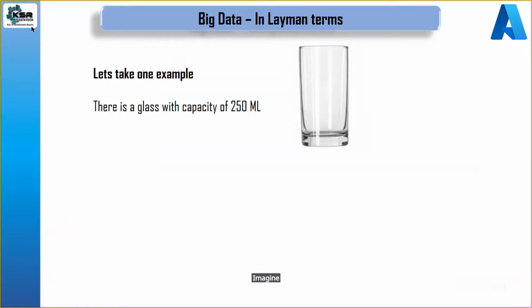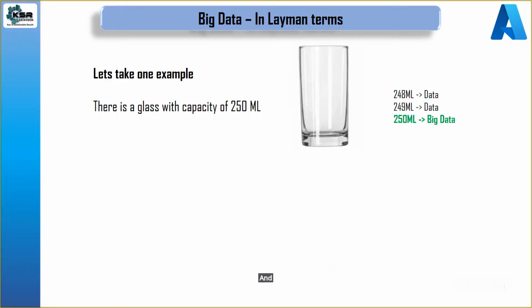Imagine there is a glass, a tumbler, with a capacity of 250 ml. 248 ml is normal data. 249 ml is also normal data.